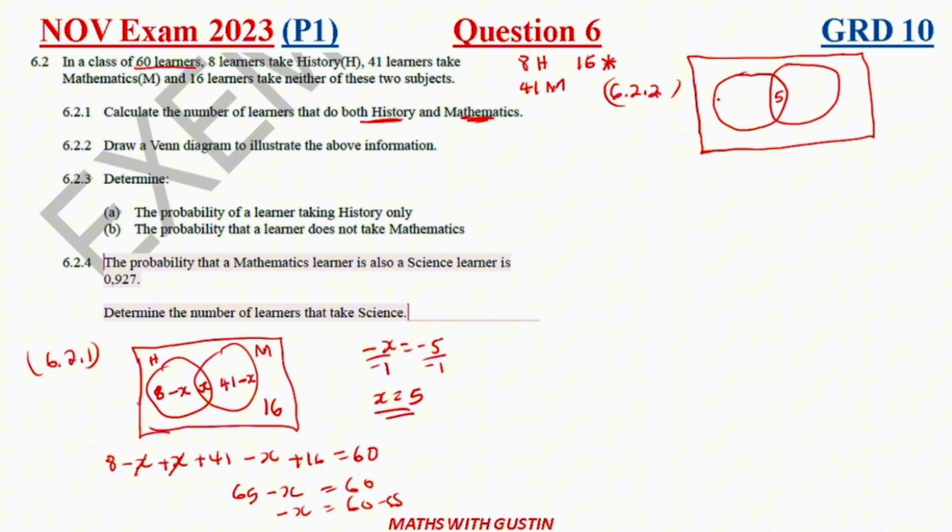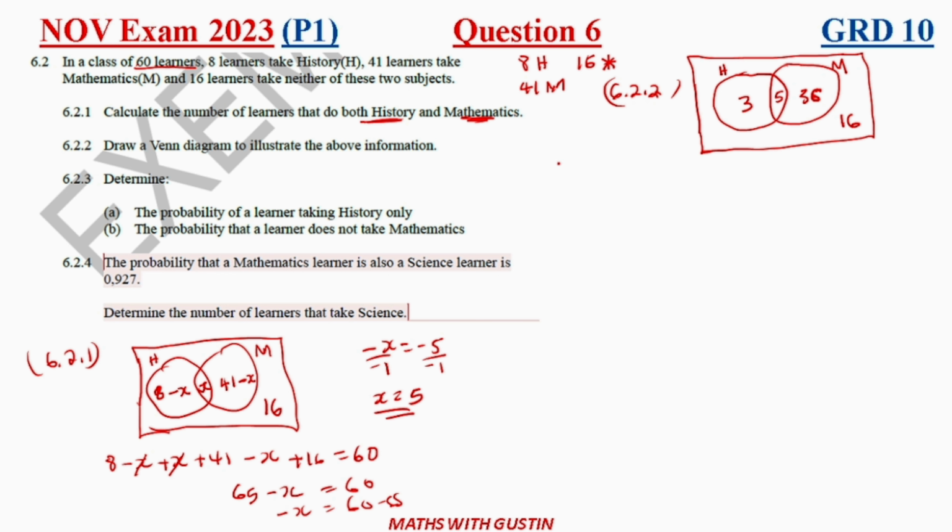Therefore those who take history only is going to be 8 minus 5, which gives us 3. Those who take maths only is going to be 41 minus 5, which gives us 36. So this is maths, and this is history, and those who do neither subject are 16. So that's our diagram, straightforward. After getting our x, we just need to subtract our x here and put the proper or actual values of history, maths, and those who do both as well.